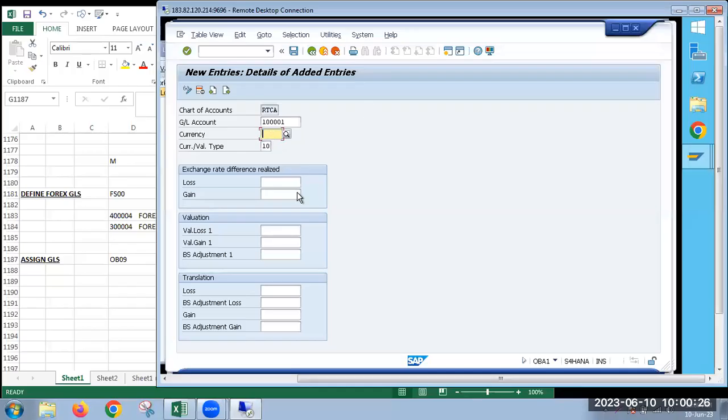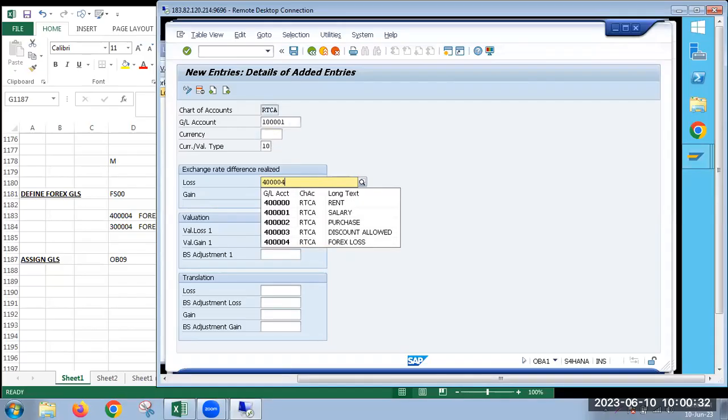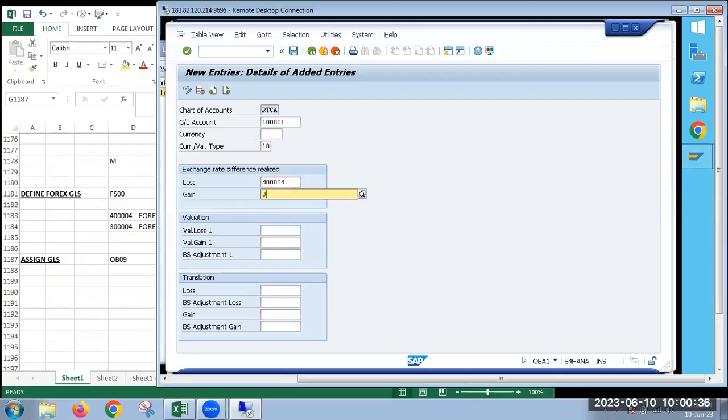Loss and gain account we can specify: 400004 forex loss, 300004 forex gain. Done. So we do all this valuation for foreign currency valuations and revaluations.